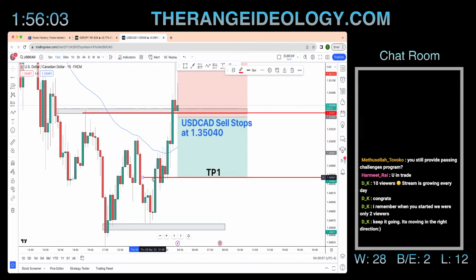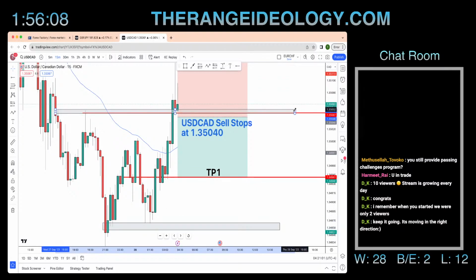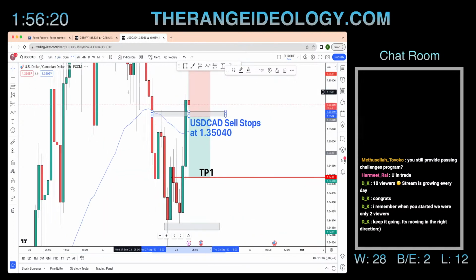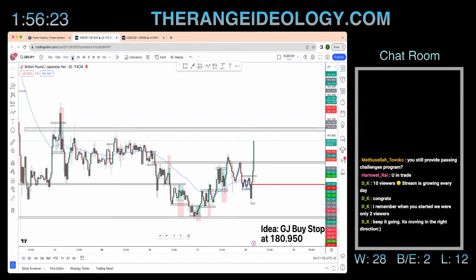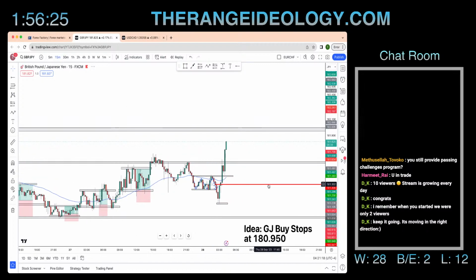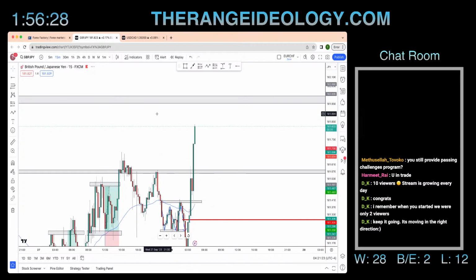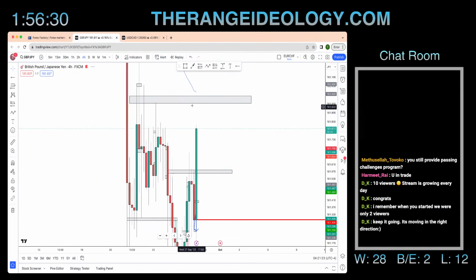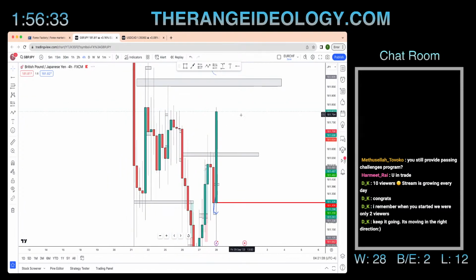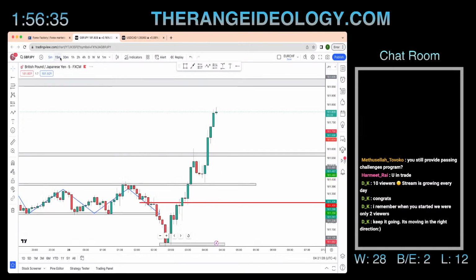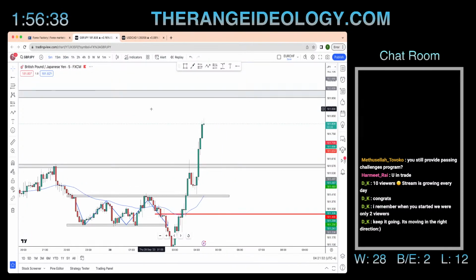Okay, we're about to be activated here, nearly. Let's look at that bullish run on GJ. So now I'll even consider taking sell stops at the 4-hour now. So at that point it'll be exhausted in terms of the bullish run.